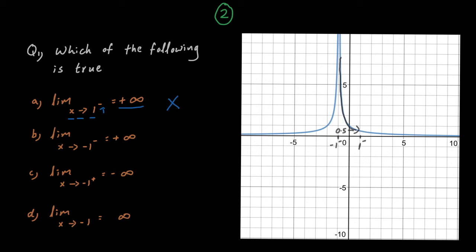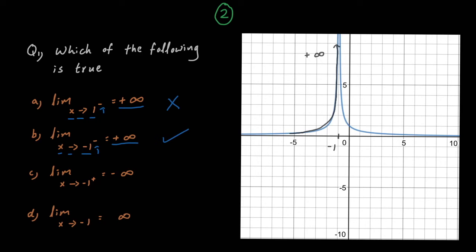Part B, limit as x approaches negative 1 from the negative side, is y reaching positive infinity? At negative 1 from the negative side, so this side, as we approach negative 1, it is indeed reaching positive infinity.